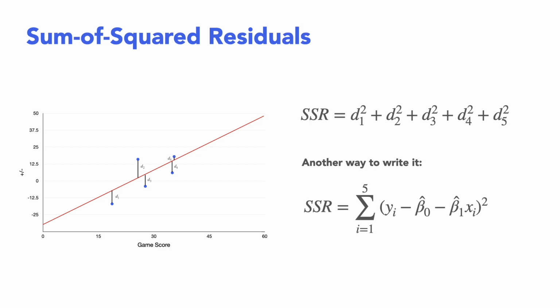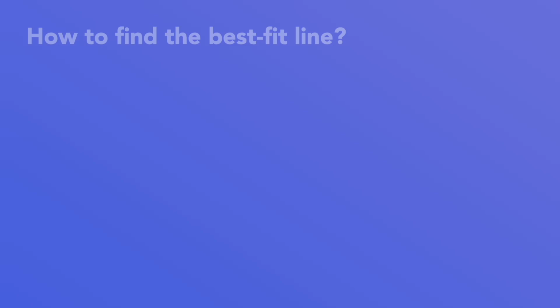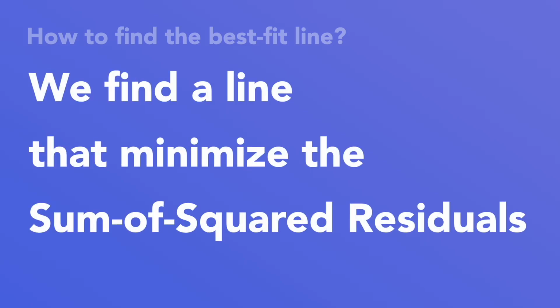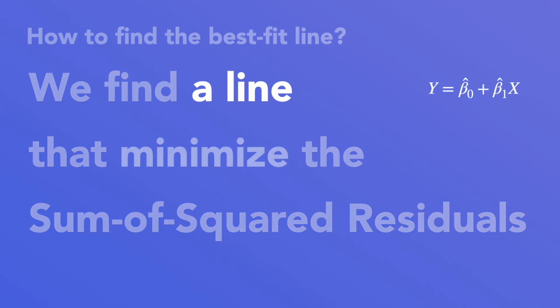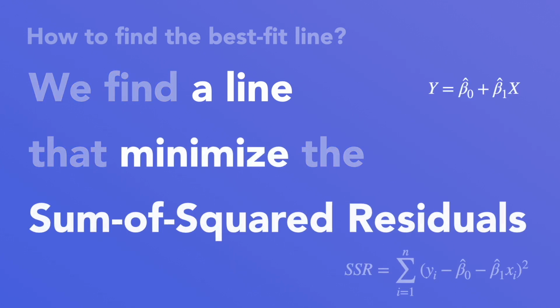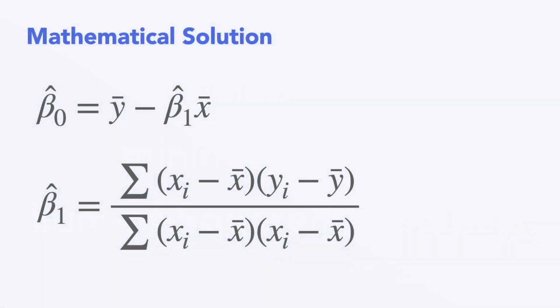How to do that? Here's the method. To find the best line, what we need to do is to find the parameters of the line function that minimize the sum of squared residuals. Using this criteria, we can have the following solution. This mathematical formula is a little bit complicated and requires calculus knowledge.